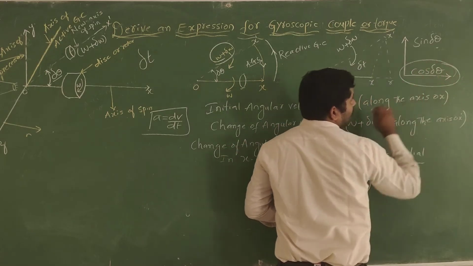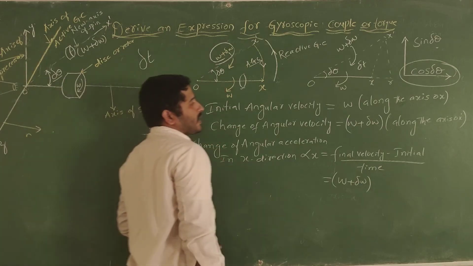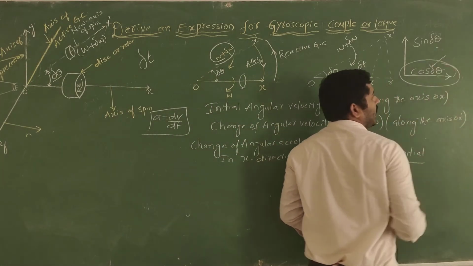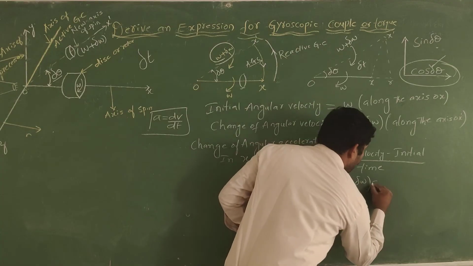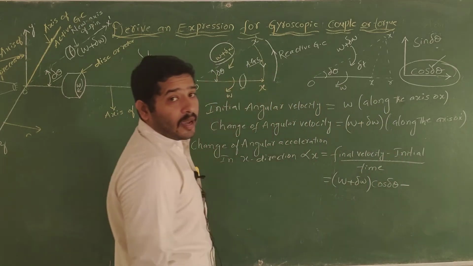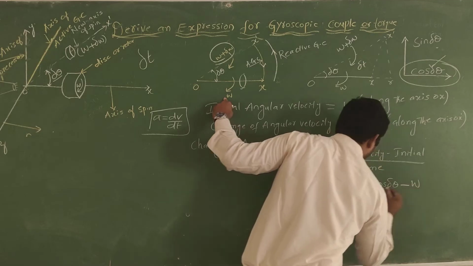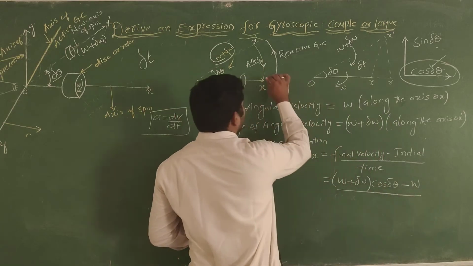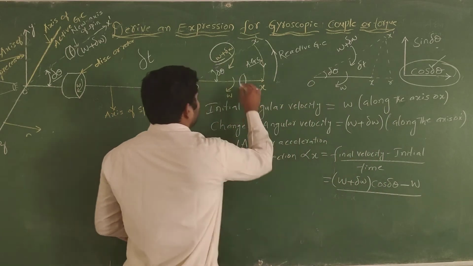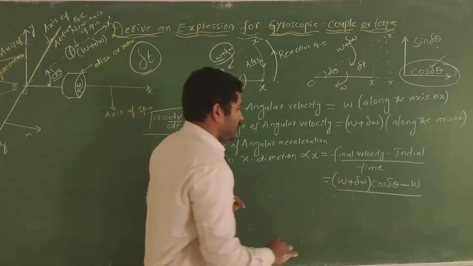First is the parallel component. In which direction is it moving? It moves in the x direction, so here it is cos delta theta. Then we represent cos delta theta minus the initial angular velocity, which is omega, with respect to time. Small time is changed, meaning delta t.